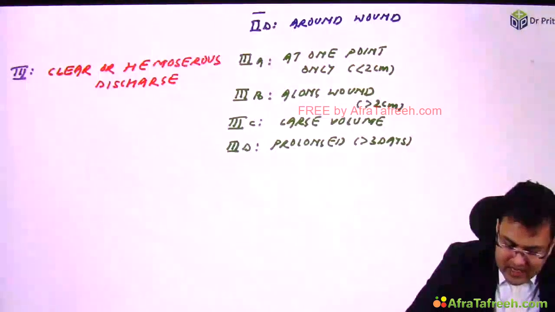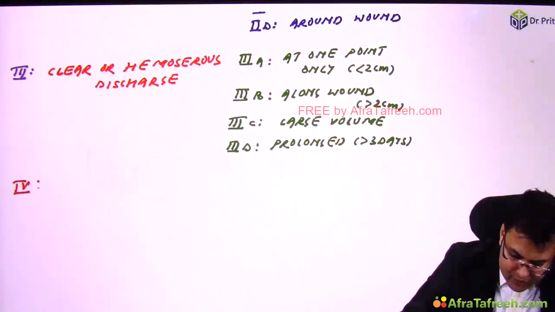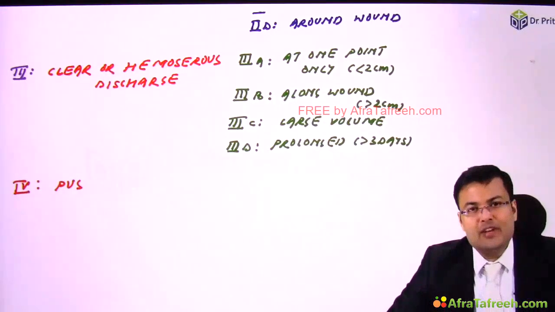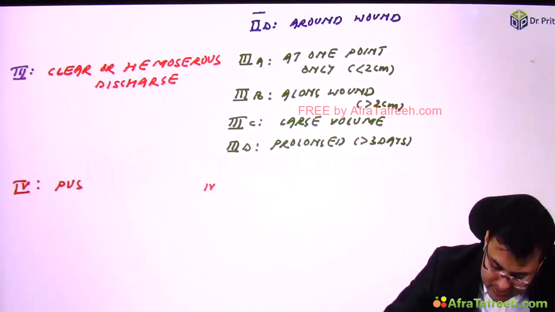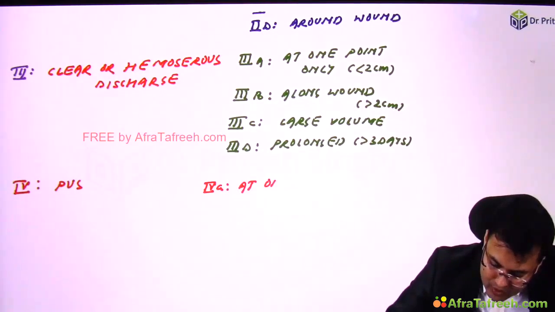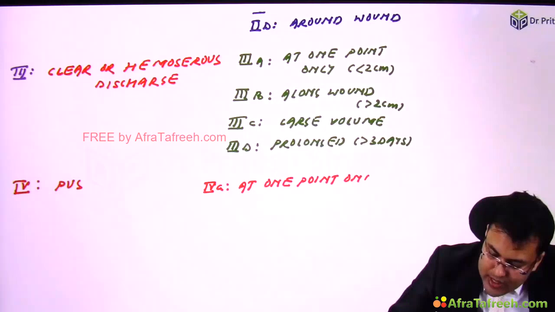Now, what is grade 4? In grade 4, there is pus collection. This is further divided into 4A and 4B. In 4A, pus is at one point only, less than 2 centimeters.